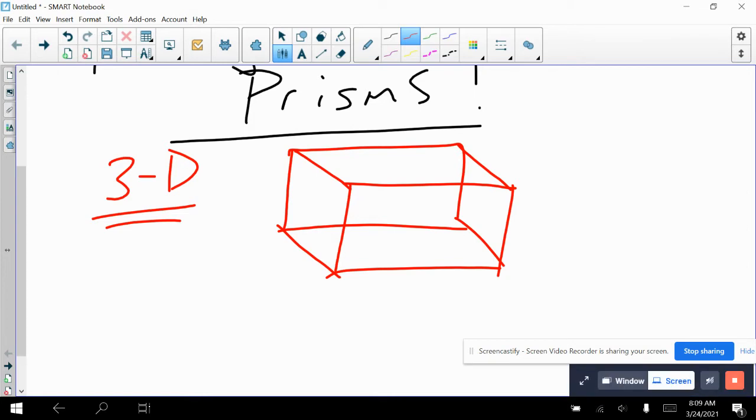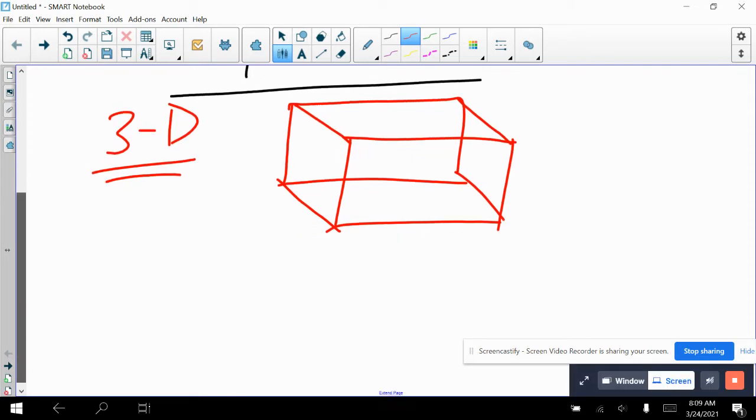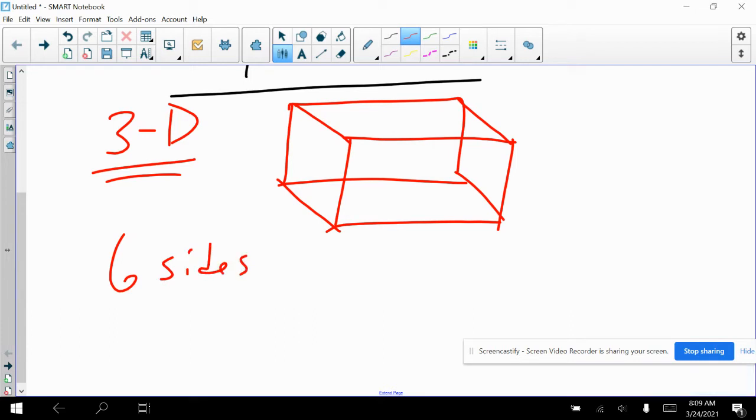Okay, you have a rectangular prism. What makes it a prism is that you have 6 sides. Oh, here we go again.